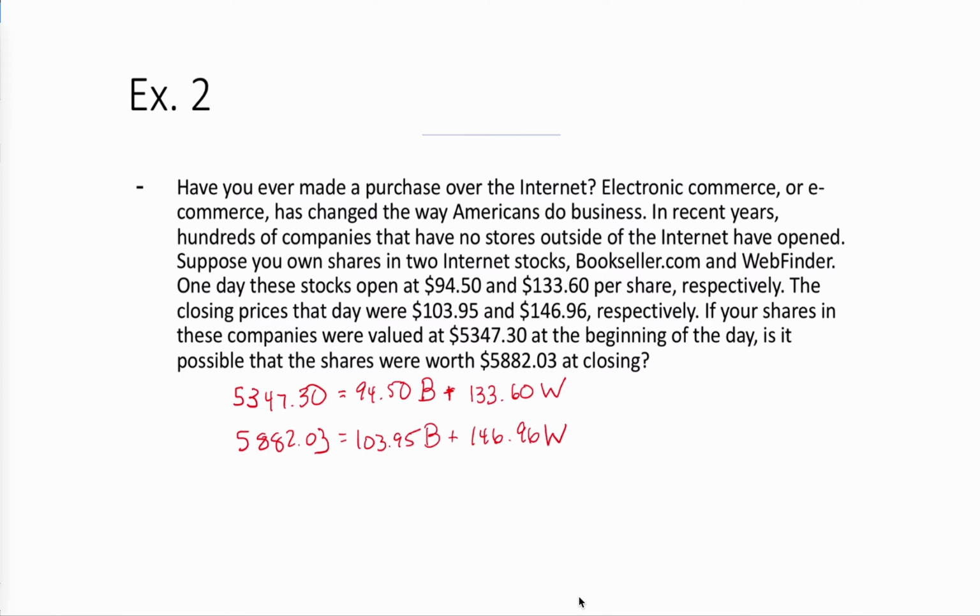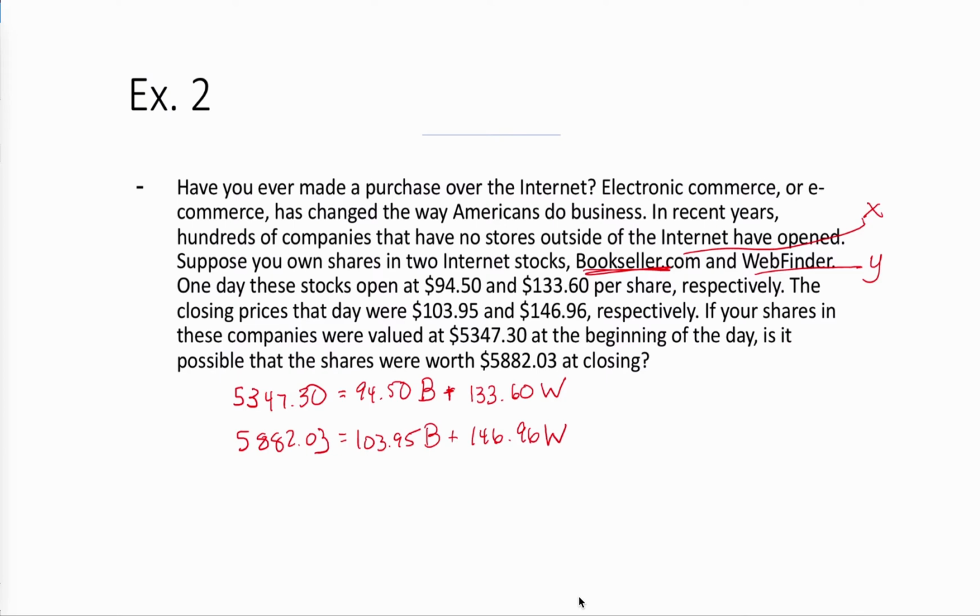So, Bookseller is our x, and WebFinder is our y. I'm using B and W here so I remember what these are. If we were to solve for W, we would get the slopes and the y-intercepts of these two lines.